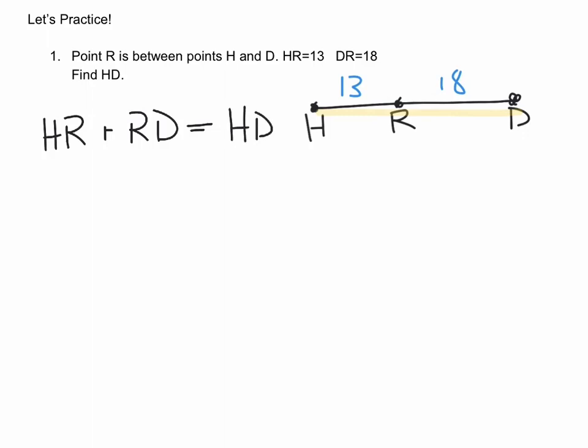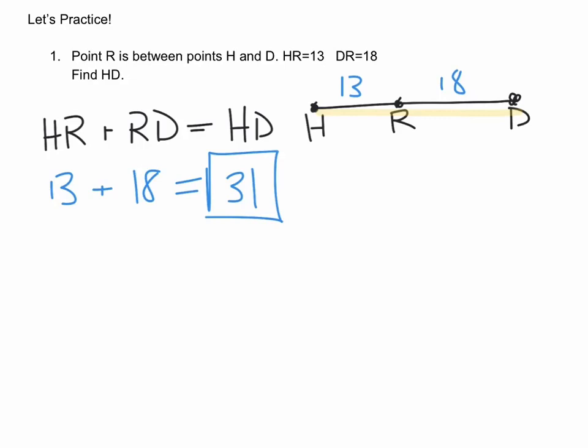So I'm just going to substitute in what they gave me. HR is 13, and RD is 18. And once I add those together, 13 plus 18 gives me 31, and that tells me that HD, that whole segment, has a length of 31.